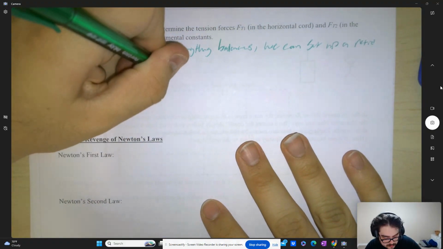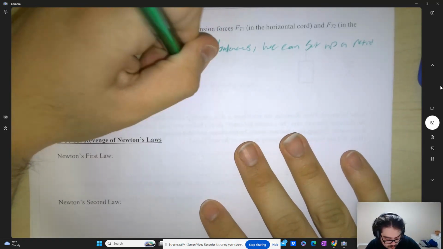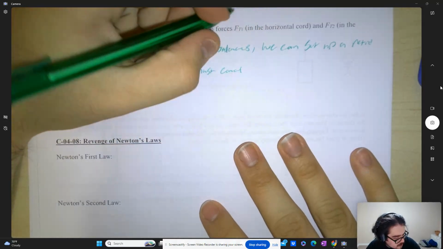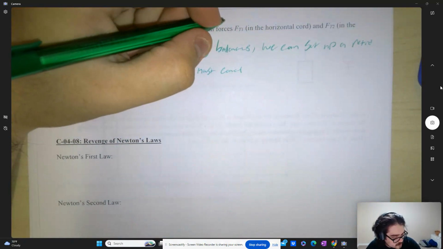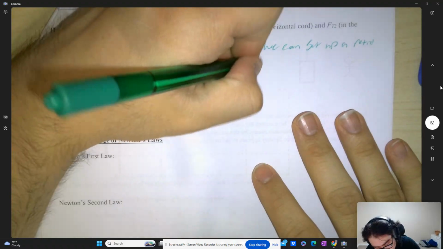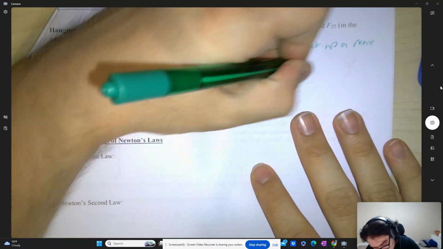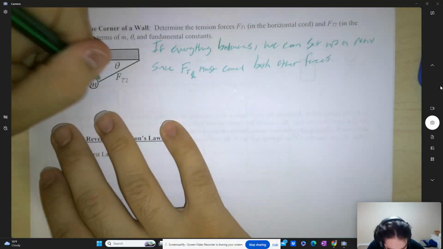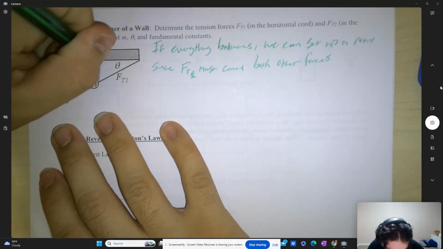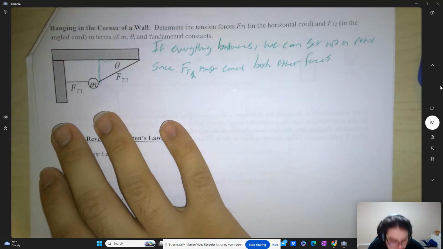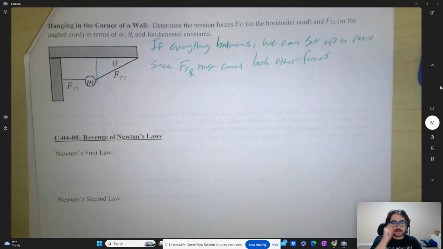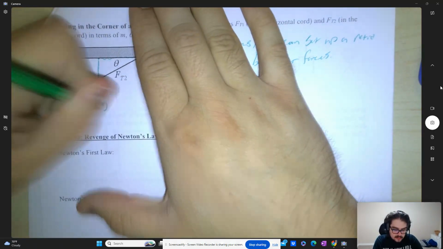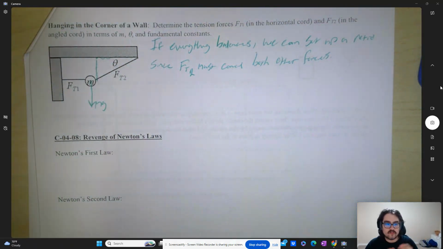Since ft2 must cancel both other forces, we know that ft2 is the only one that's going to have a vertical and horizontal component. ft1 is all horizontal, and gravity acting on him is all vertical as well.